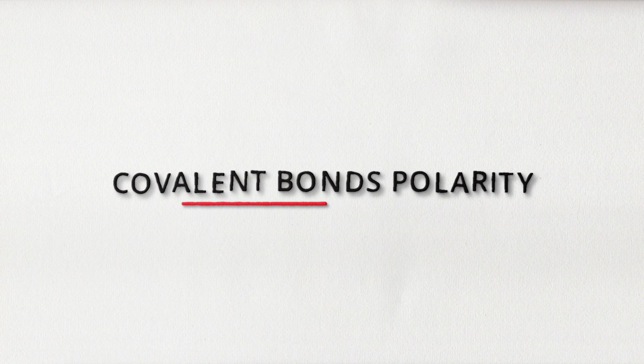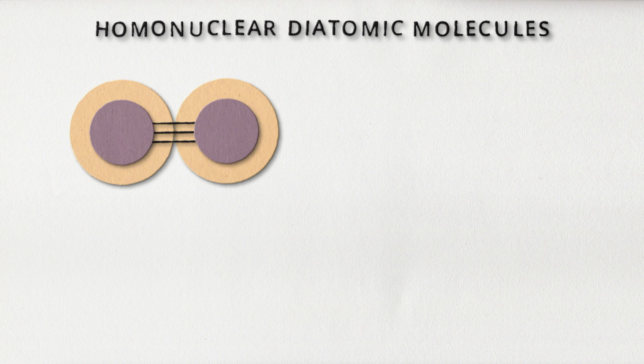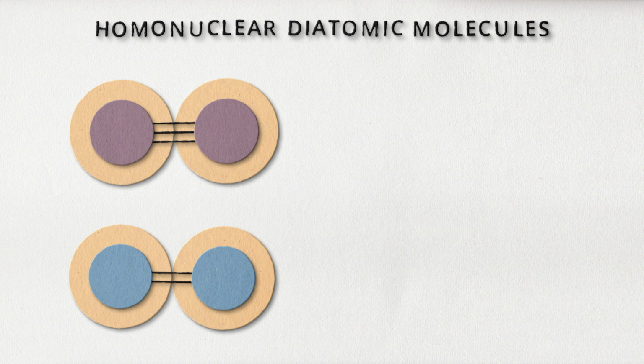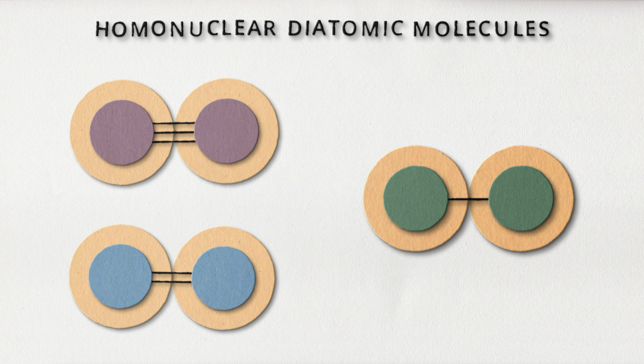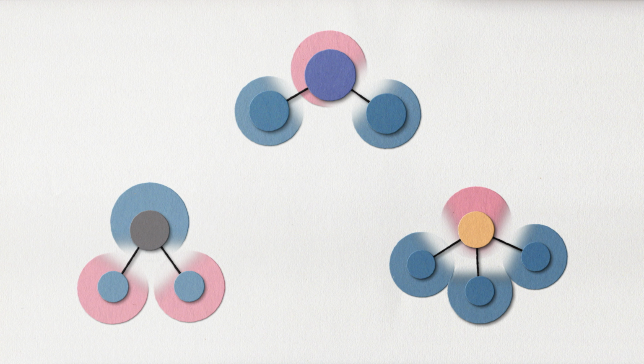When it comes to covalent bonds, there is more of a spectrum. Some covalent bonds are nonpolar, like the homonuclear diatomic molecules N2 or nitrogen, O2 or oxygen, or Cl2 or chlorine. Others are decidedly polar, like sulfur dioxide, SO2, water, H2O, even ammonia, NH3.